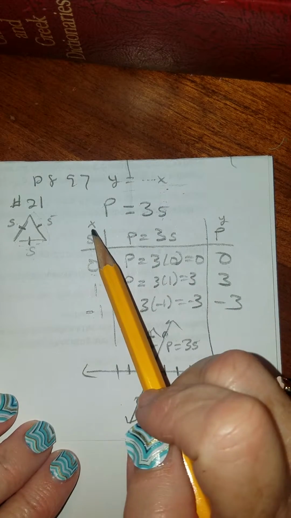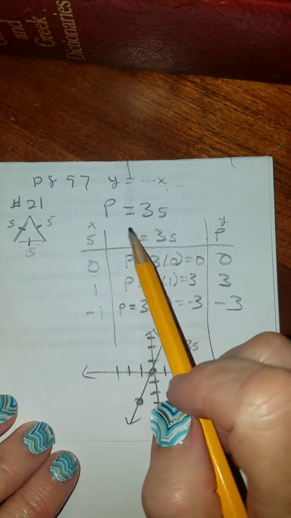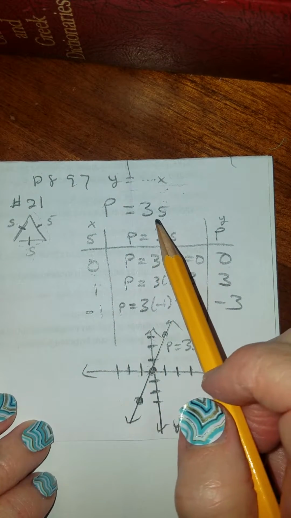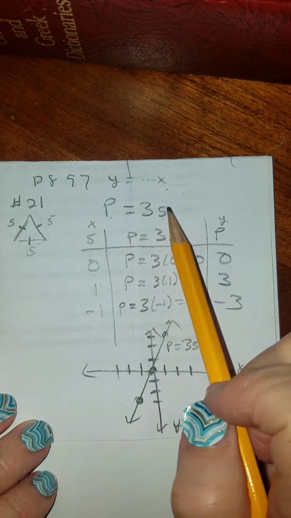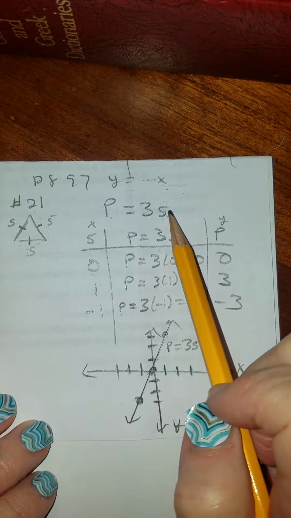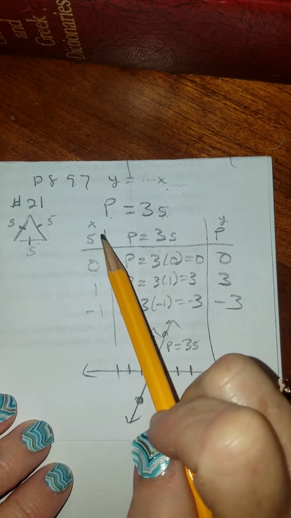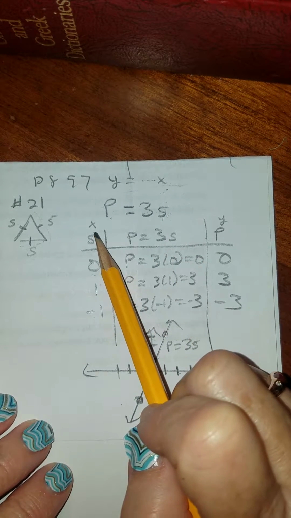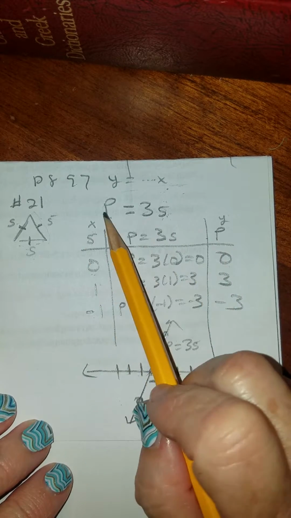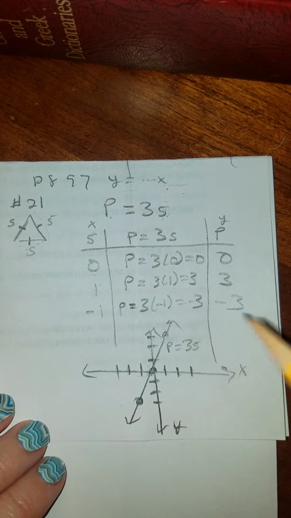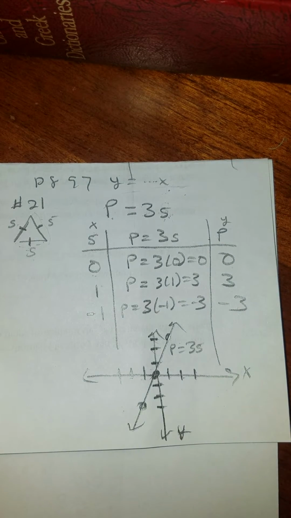Remember we talked about dependent and independent. So P is dependent on S. S is the independent. So X is always the independent and Y is the dependent. Remember we talked about that. Hopefully that helps you.